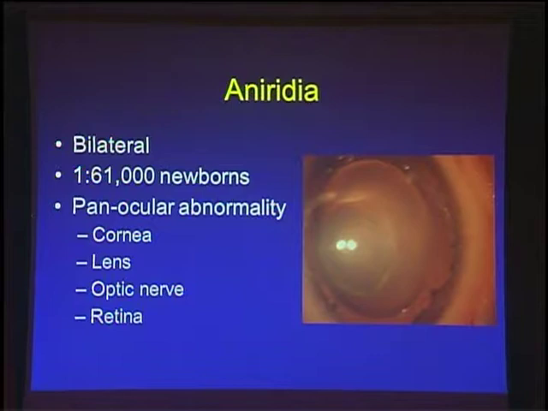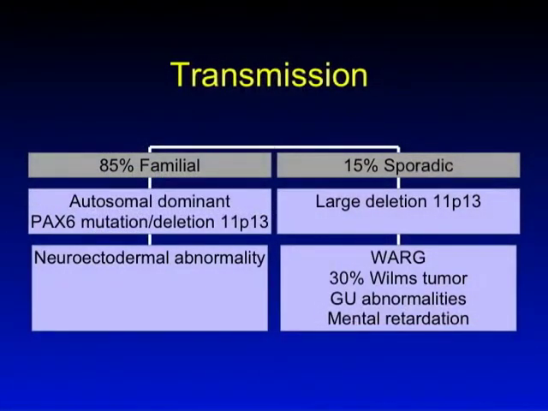And this is probably one of the reasons why these patients are at risk for secondary glaucoma, because this iris is very floppy, and it can move anteriorly and block the trabecular meshwork. So it becomes like a secondary glaucoma. 85% is familial, and this is probably the most benign of the two forms, because the one that is sporadic can be associated with Wilms tumor.